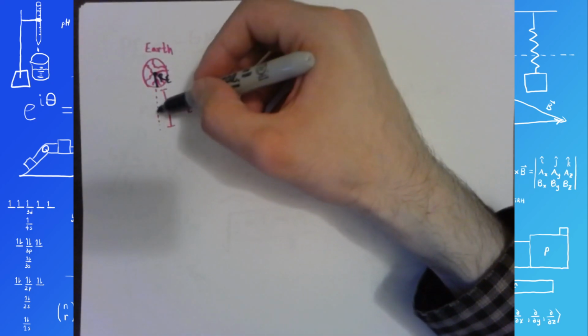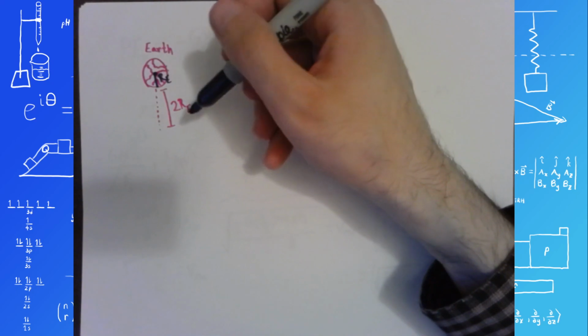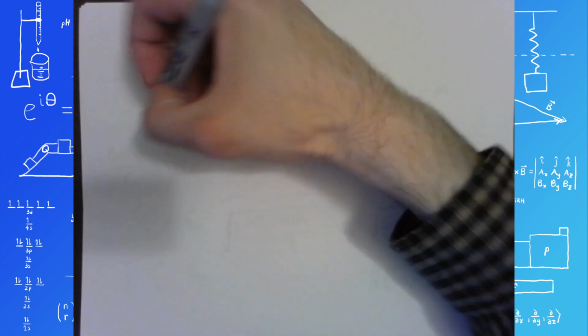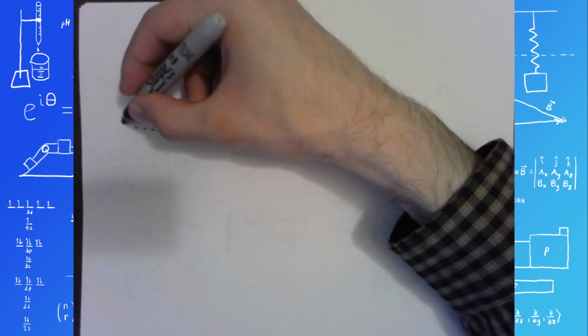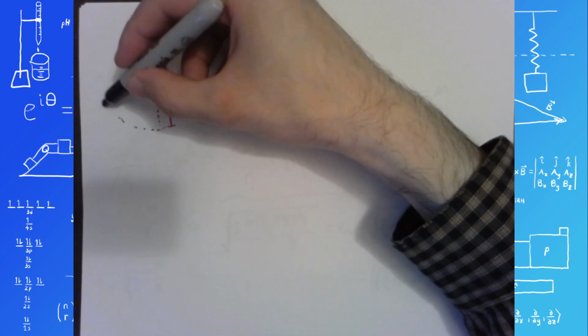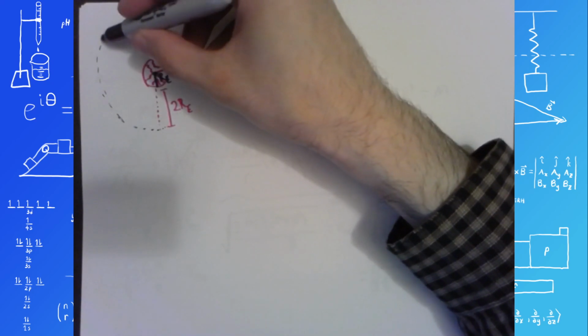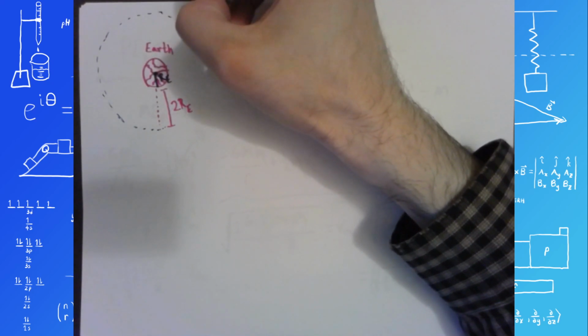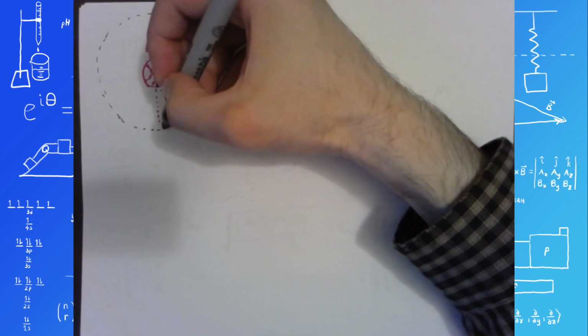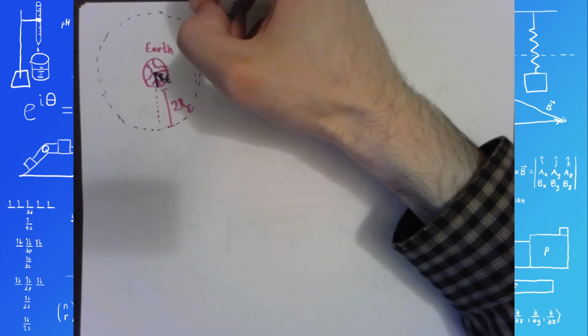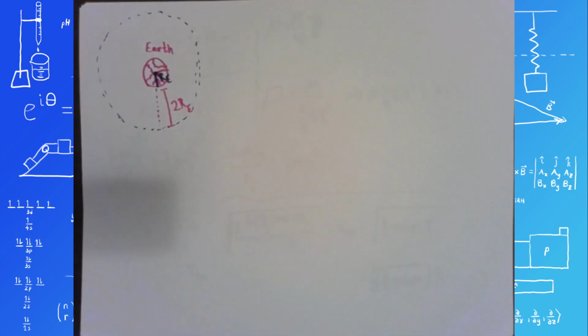I guess I actually drew this bigger than 2 Earth radii, but it's close enough. So let's say you have a satellite that's orbiting around Earth at an altitude of 2 times Earth's radius. That's a little bit better.